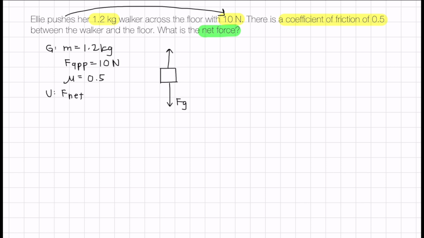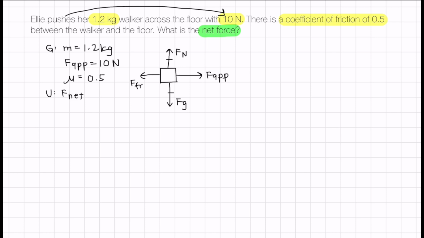Because her walker is on the floor, there's going to be a normal force pushing back up on the walker. And these two forces are going to be equal in magnitude and cancel out since the walker is not accelerating vertically. There's going to be F applied. And then the force of friction is acting against. I'm just going to assume because her walker is going forward, that friction will be less than F applied, but we'll obviously find that out when we're solving this problem.